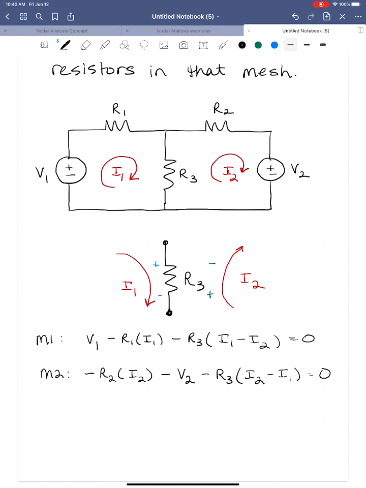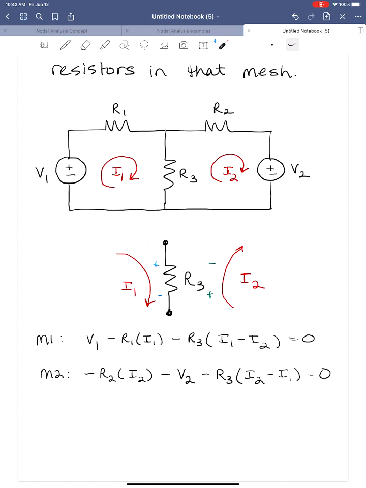Okay, so let's take a look at these and see if we can find some interesting facts about these mesh equations. I did this for nodal analysis too, although I think this is more obvious. Whichever mesh we're analyzing, the voltage drops across the resistors are always either subtracted or added, depending on whether you're using the passive or active convention.